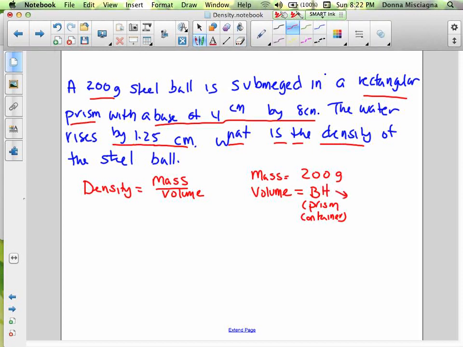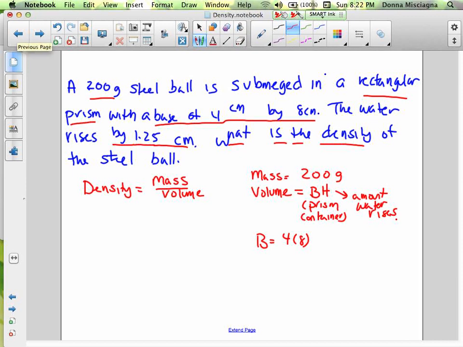And that height is the amount the water rises. So once you know what values you need to calculate the information, then it's not so hard. So let's calculate the area of the base first. So the area of the base is 4 centimeters by 8 centimeters.